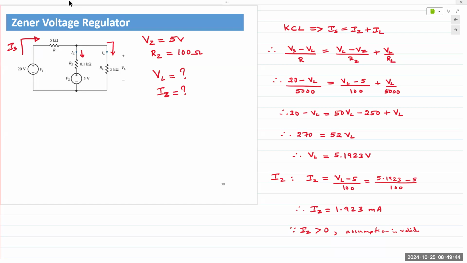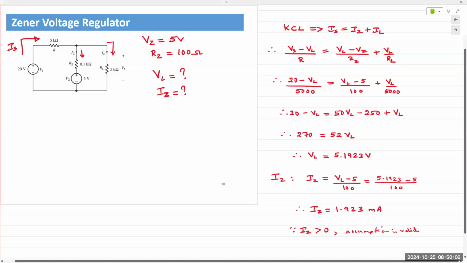Load line analysis is again something we will see when we get to transistors, but the approach remains the same. We have a device characteristic given to us, and then we plot a load line on the characteristic, and we find the operating point of the device.